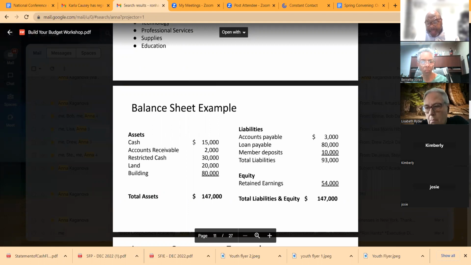So she added that to the total liabilities, and it came up with the total liabilities and equity. So your retained earnings is really your equity that you have secured as a result of your operations.